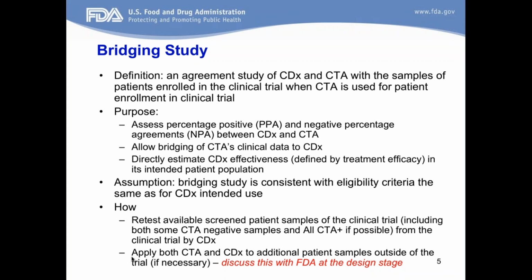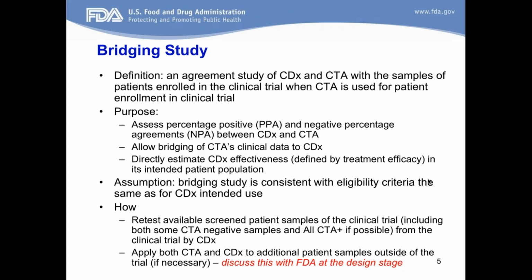That's the key point. So the purpose of the bridging study: first, we can assess agreement between the CTA and the CDx. Second, it allows us to bridge the CTA clinical data to the CDx.